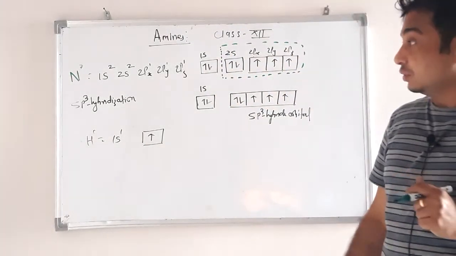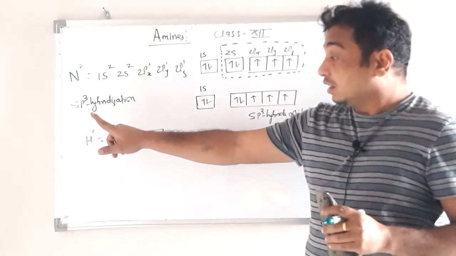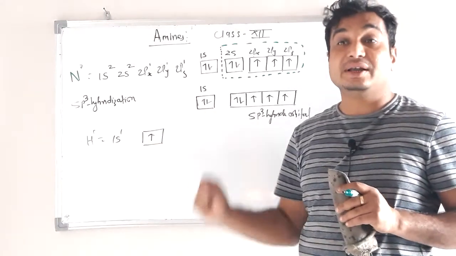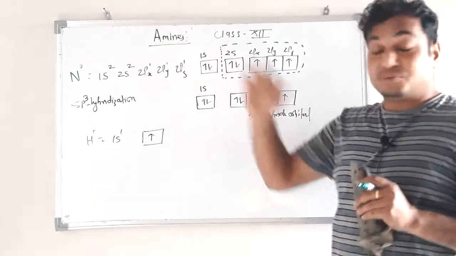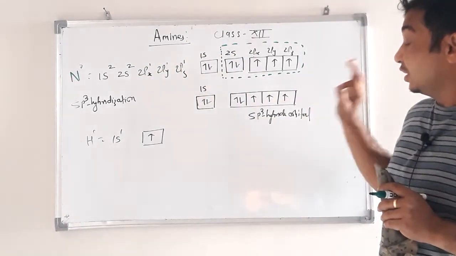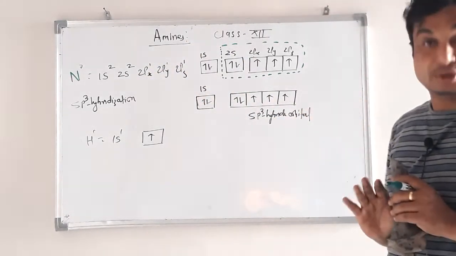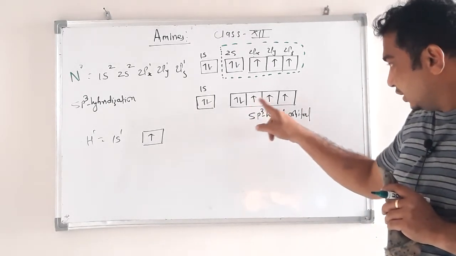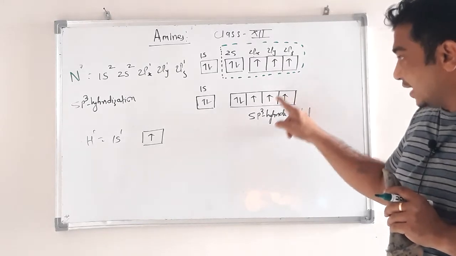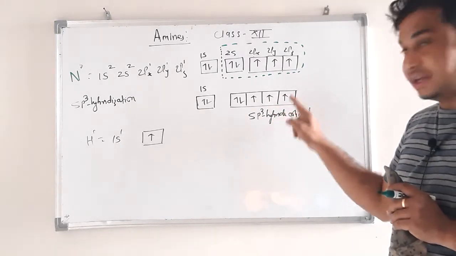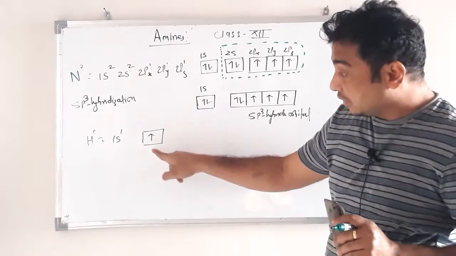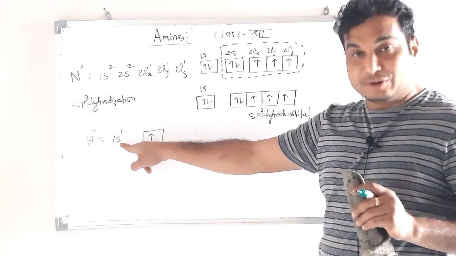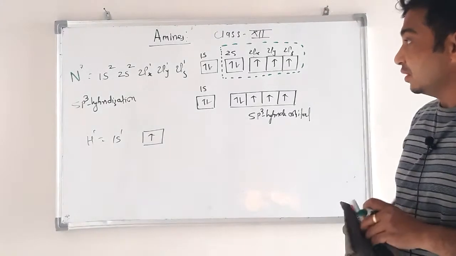So in ammonia, 3 hydrogen atoms with 1s1 singly filled atomic orbitals overlap with 3 sp3 hybrid orbitals of nitrogen. Because these 3 sp3 hybrid orbitals are singly filled, they can form bonds, and that is why they will form bonds.